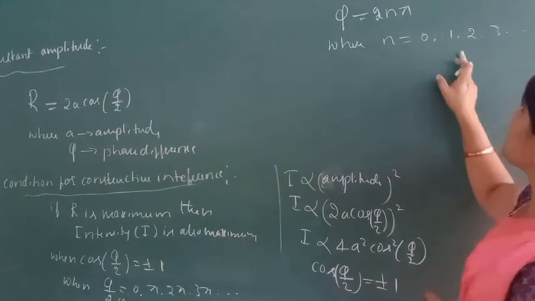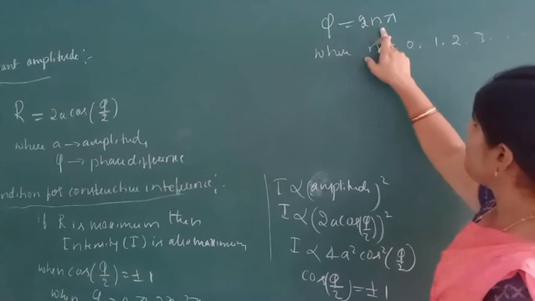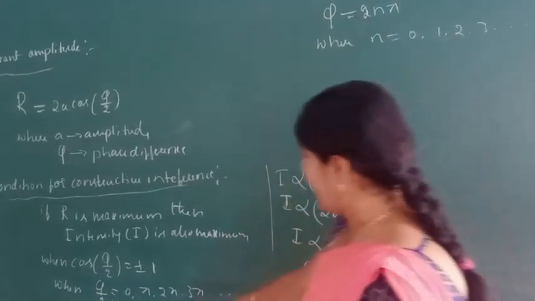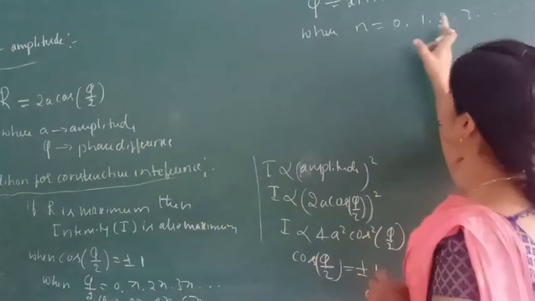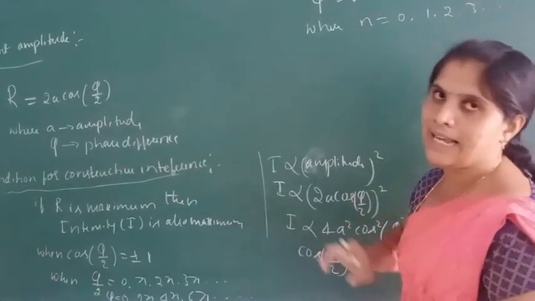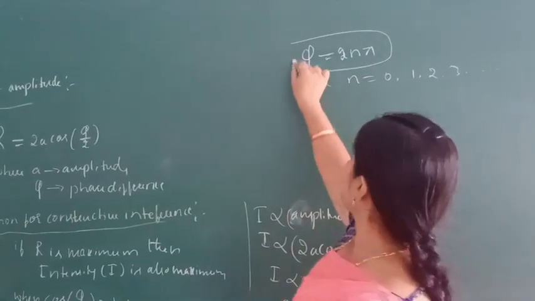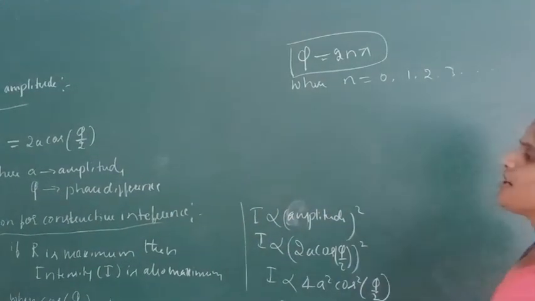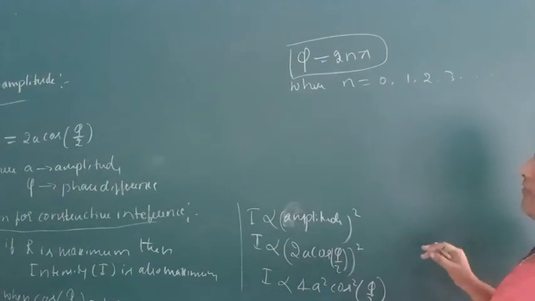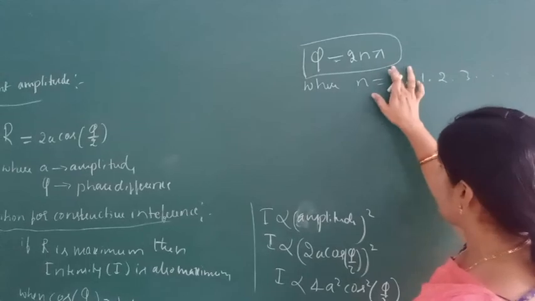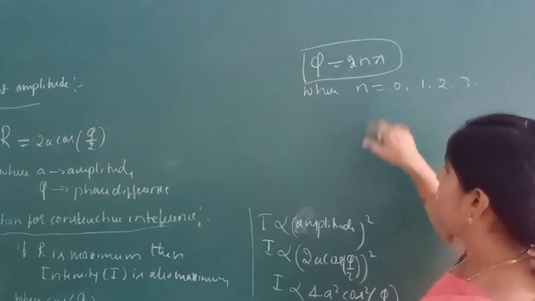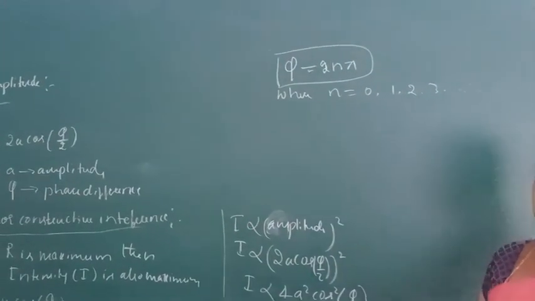Suppose we put n is equal to 1, that is 2 into 1, that is 2 pi. If you put n is equal to 2, you will get 2 into 2, 4 pi, like that. In general, this can be written as phi is equal to 2n pi. This is the condition for constructive interference in the case of phase difference.